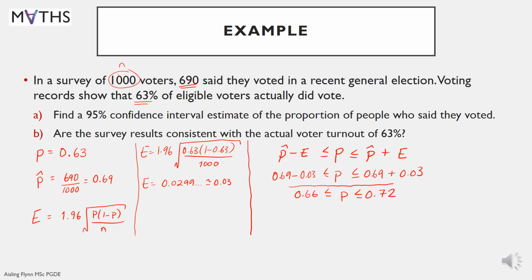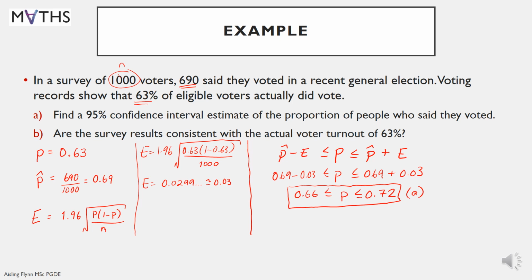There's the answer for part A. Now, what does that say? It says that according to the sample, the true population proportion should be between 66% and 72%. Now, we know for a fact that it's actually 63%.